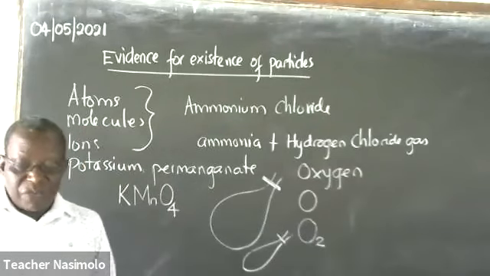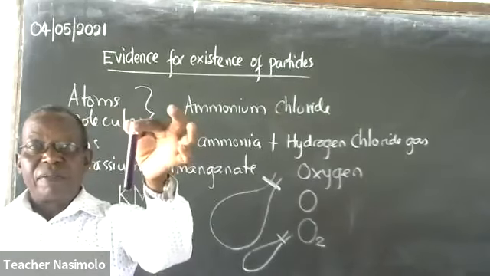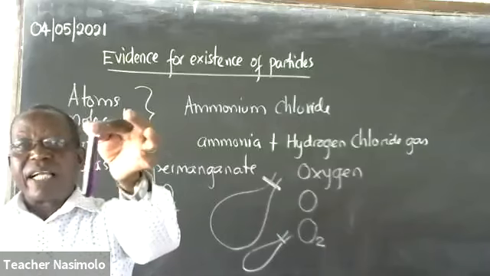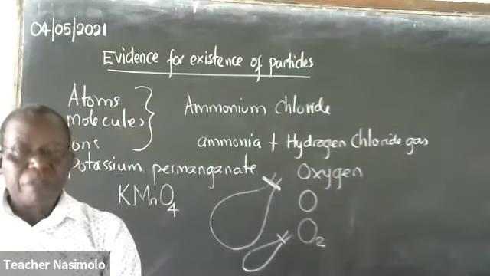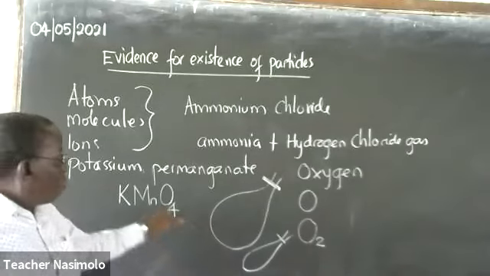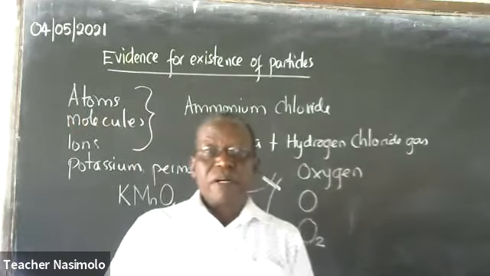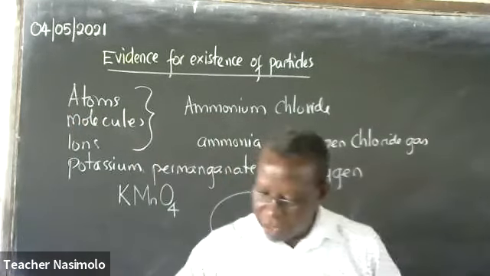But we are just doing experiments like the one I did. When I did this one here, this water was clean, very clear water. But when I dropped in a piece of potassium permanganate, this compound here, the compound spread from the area where I had dropped it.